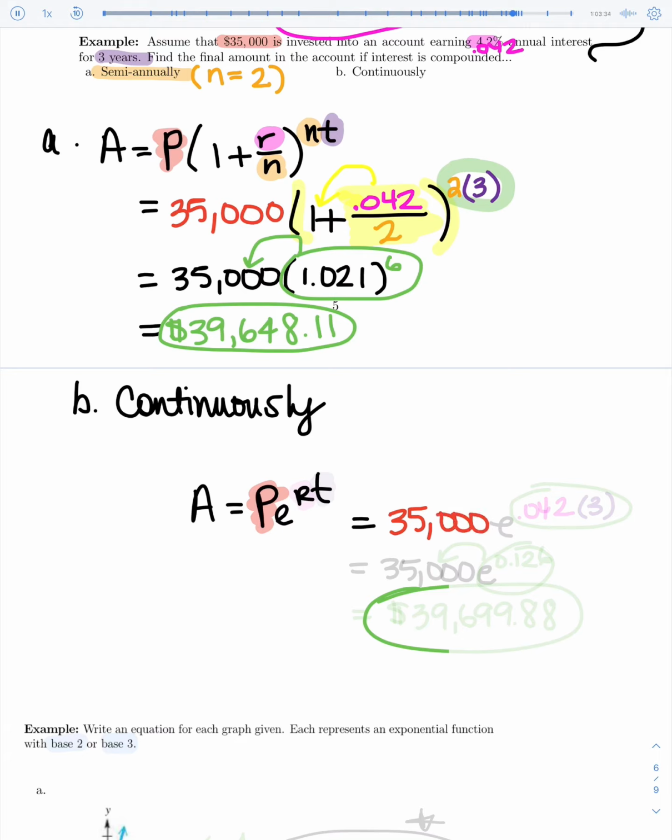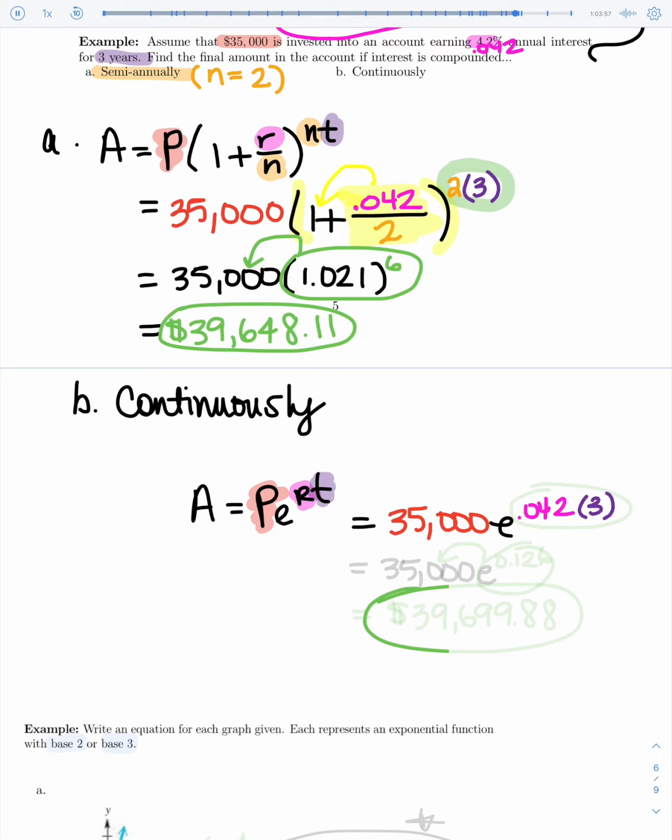The e is just a number, so we'll leave that as an e. The interest rate, our r, is the 4.2%, which as a decimal is 0.042. The time is however many years we're going to compound interest, which in this one was 3.